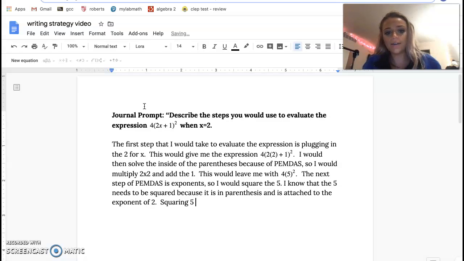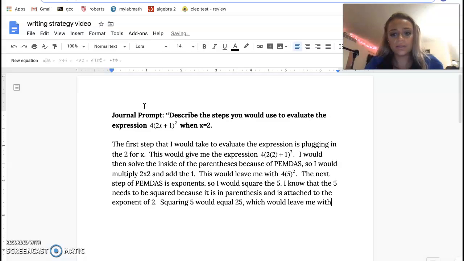Okay, I'm going to use mathematical language. Squaring 5 would equal 25, which would leave me with the expression 4 times 25.